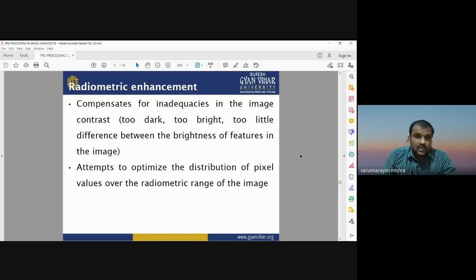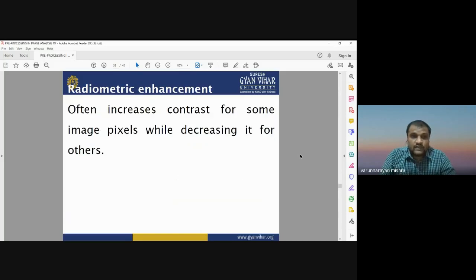Radiometric enhancement is performed when the pixel is too dark or too bright. These kinds of errors can be removed by radiometric enhancement. It often increases the contrast of some image pixels while decreasing it for others.